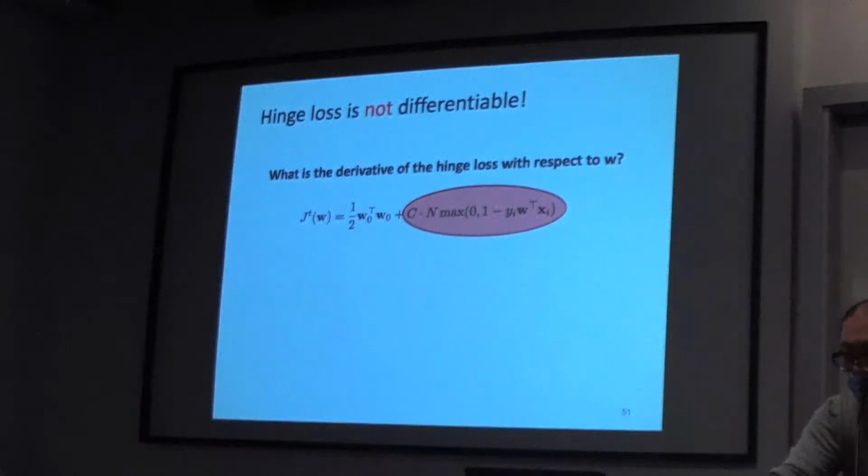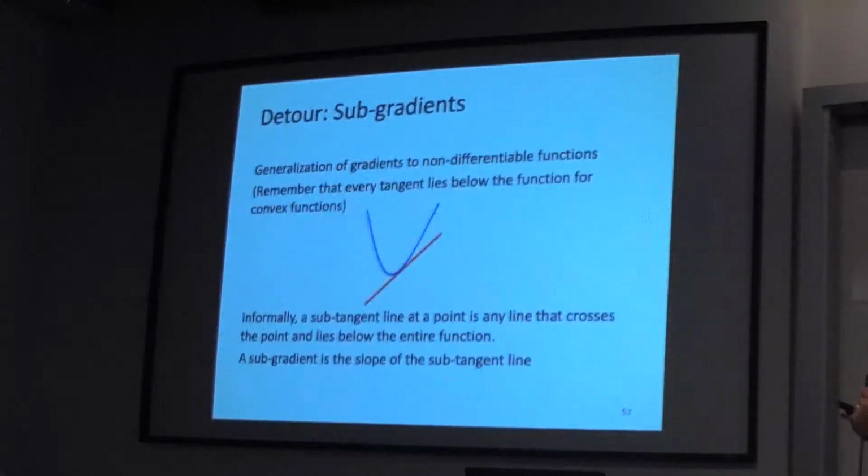But there is a bottleneck here. The problem is that the hinge loss over this example x_i is not differentiable. It's a max function, a discontinuous function, so it's not differentiable. Now how can we get the stochastic gradient? Without a stochastic gradient, how can we update our model parameters? To bypass this problem, we're going to use another concept called a subgradient or subderivative.